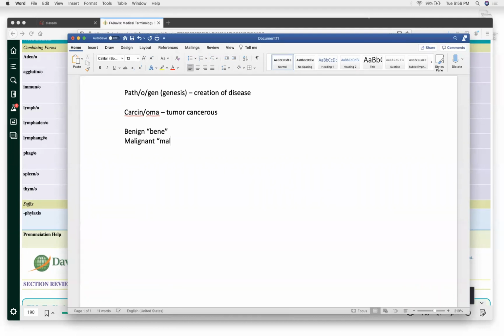And something that's mal, right? If someone is a malcontent, that's a bad person, right? Or they're in a bad mood. Or again, in Espanol, mal means bad, right? So the only time that you have cancer, and the cancer is capital C, capital A, short for carcinoma, is post-biopsy, okay? You might have to have a test.